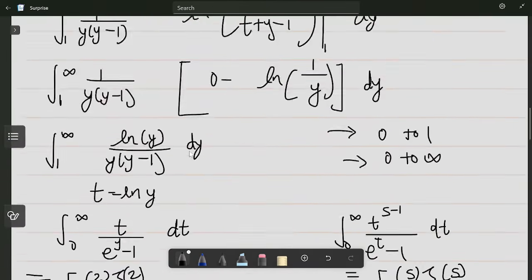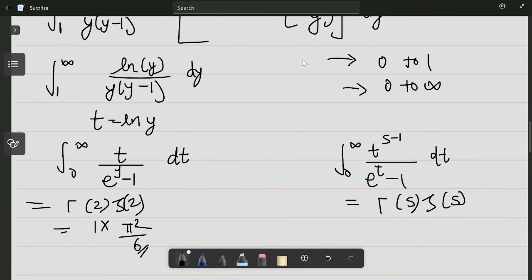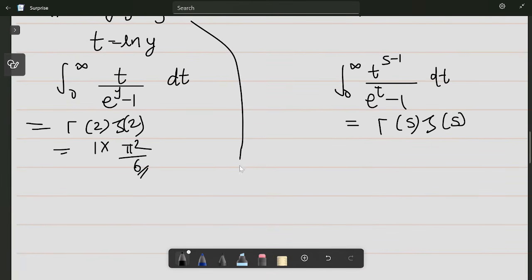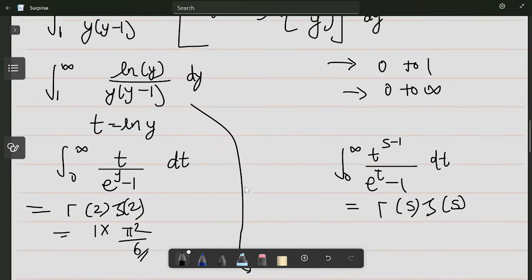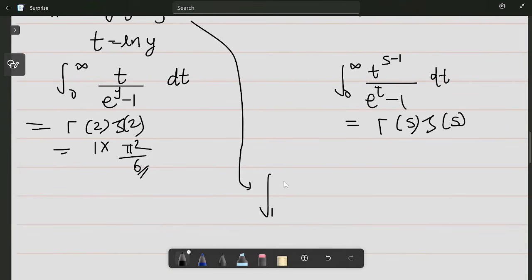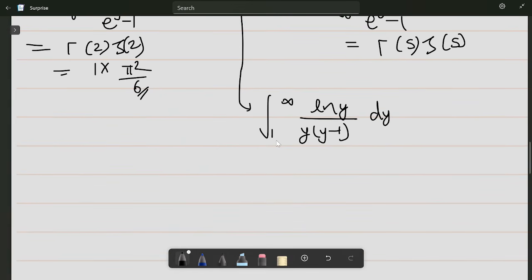Now if we try to change this to the other form, 0 to 1, it will be pretty easy in both ways. The integral from 1 to infinity of ln y by y times (y minus 1) dy. If you want to change it to 0 to 1, you can take t equals 1 by y.